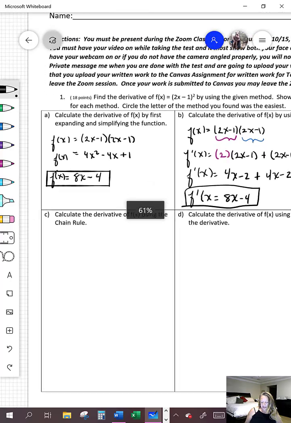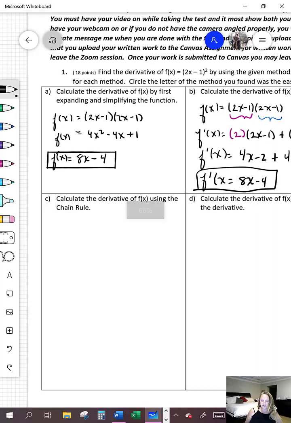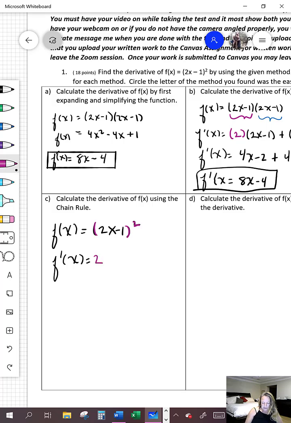So for part C, it's asking us to take the derivative using the chain rule. So we have f of x is equal to 2x minus 1 quantity squared. Using the chain rule, we're going to take the derivative of our outer function, bring our power down front, we get 2 of our inner function, which is 2x minus 1.